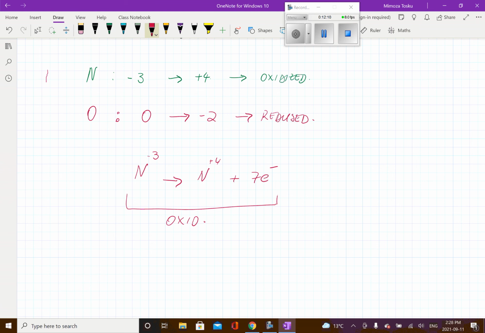And for the reduction half reaction, we have oxygen that is 0 gaining 2 electrons, and it is becoming O2-. Okay, it's gaining 2 electrons. Makes sense? And this is the reduction half equation.